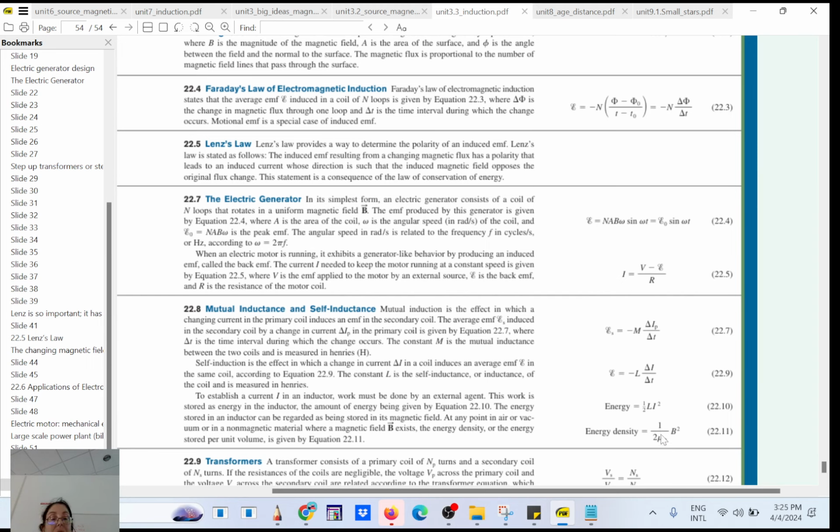So that equation here will give you the energy density, which means if you take a magnetic field inside the coil, for example, you take a unit volume, so 1 by 1 by 1, that will be the amount of energy. So you can store energy inside the magnetic field, and it can burp out high voltage.